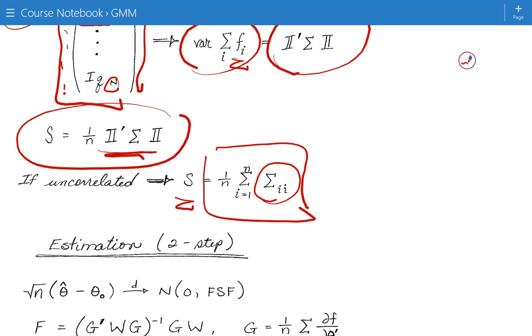Each observation is a realization of a set of data, and it has Q moment conditions applied to the X's that comprise those data. So you get a sigma_ii for each observation, you sum across them and multiply by 1 over n.